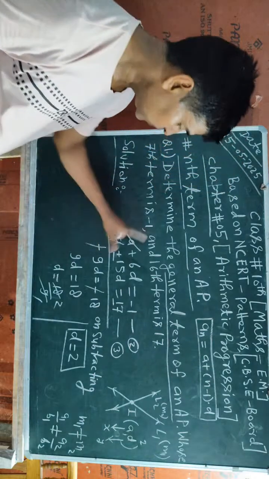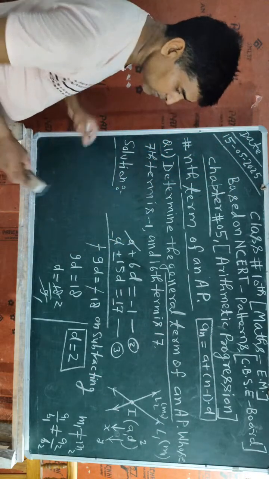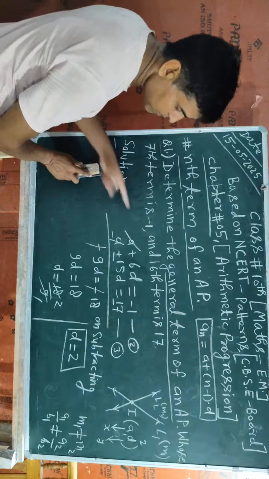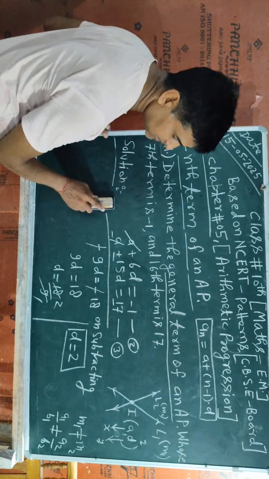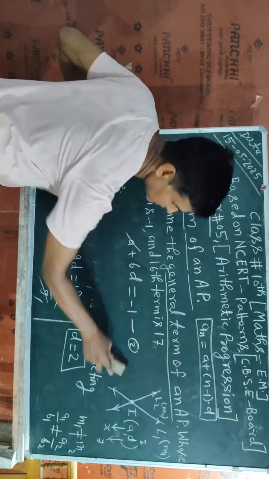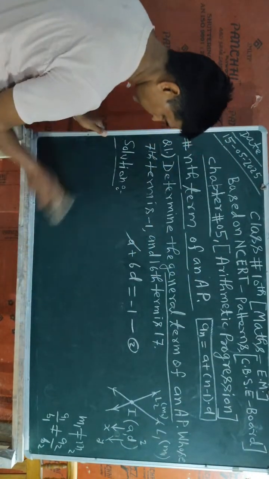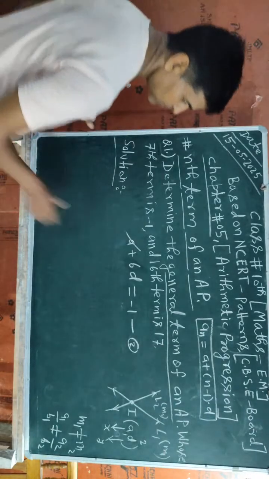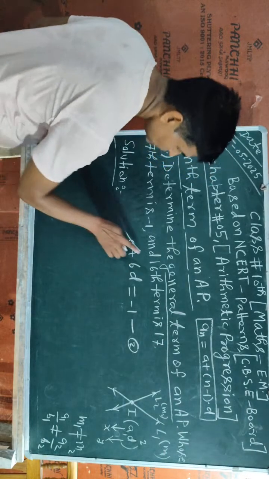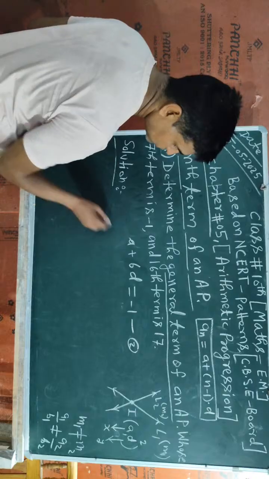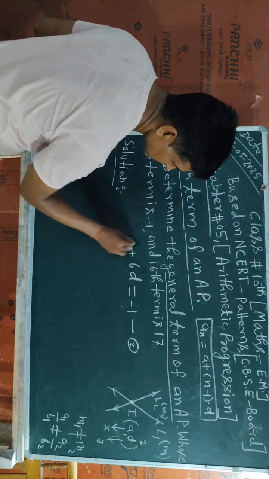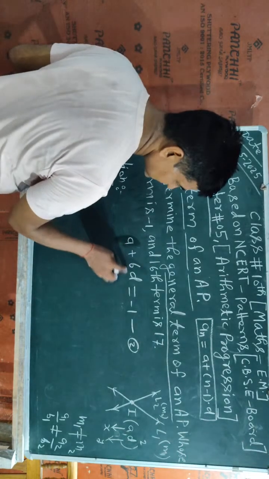Okay, student. Further I am going to erase the above data. So I have to write equation number 2. The rest of the information I am going to erase, and I will use the rest of the information from the blackboard. Now further I have to write equation number 2, that is a plus 6D minus 1.